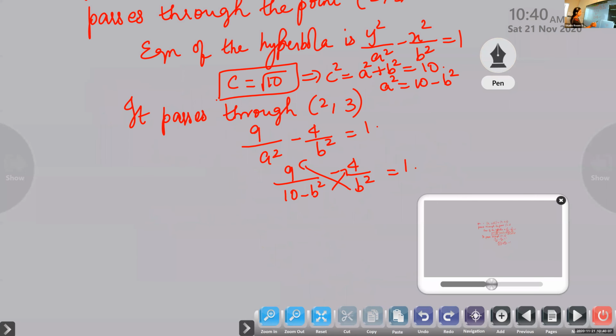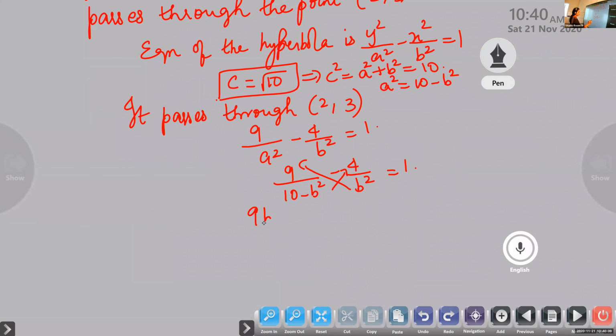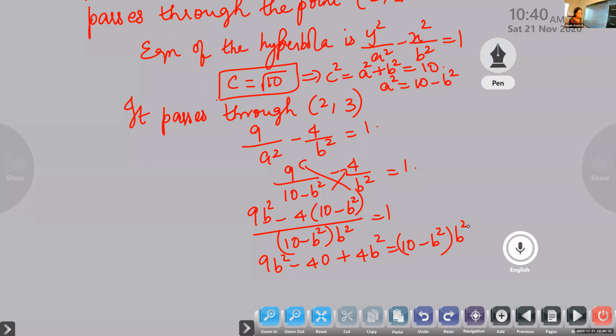You cross multiply this. 9b square minus 4 into 10 minus b square by 10 minus b square into b square is 1. So that is 9b square minus 40 plus 4b square is equal to 10 minus b square into b square. So now listen. You will get a 4th degree equation.